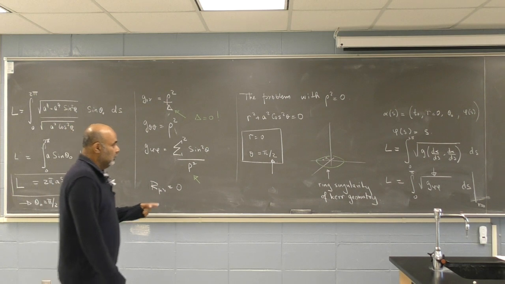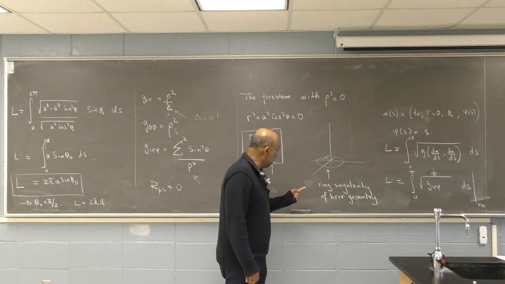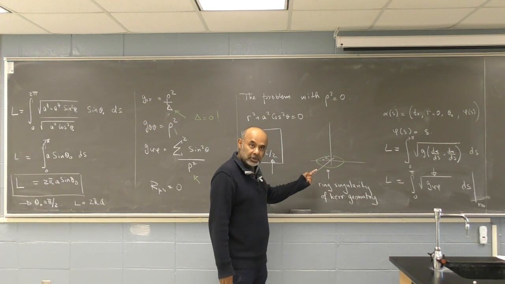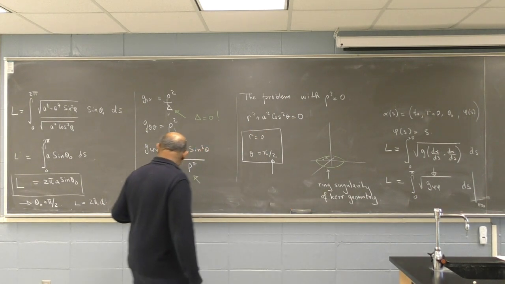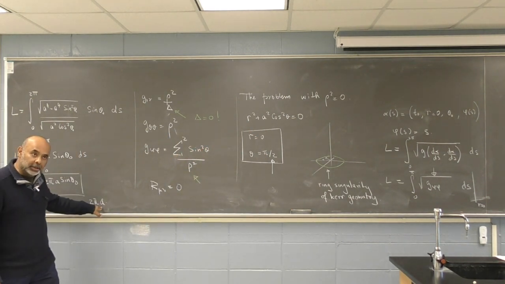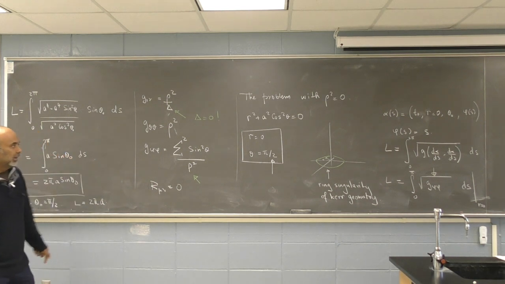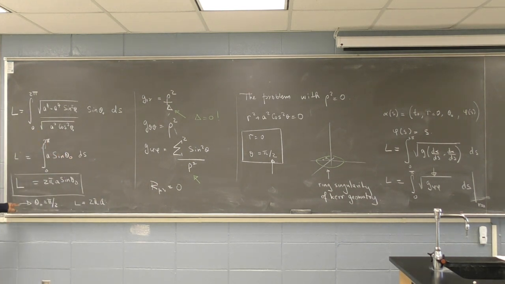Okay? Again, what's most curious about it is the fact that on this ring of this length, the r coordinate is 0. In our Cartesian experience, in our spherical coordinate system experience, if r is 0, it doesn't really have any structure. But here it does have structure. Now here I'm only taking the limit because the space-time itself is not defined at that ring singularity.